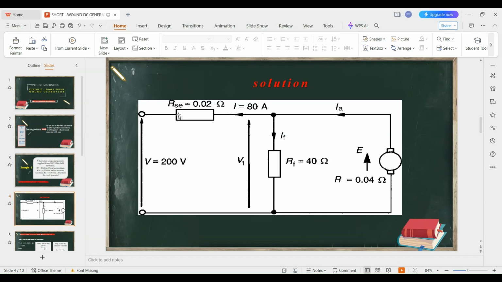The final step is to calculate the EMF generated. And remember we said in the previous video that EMF is given by the terminal voltage plus the voltage across the armature winding.